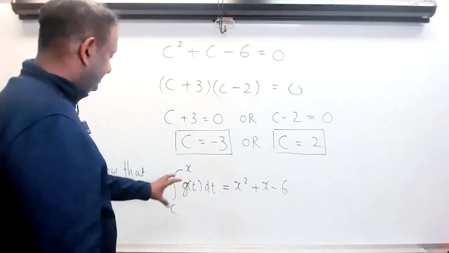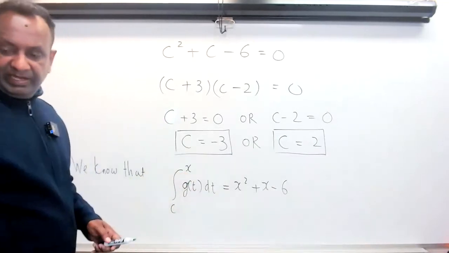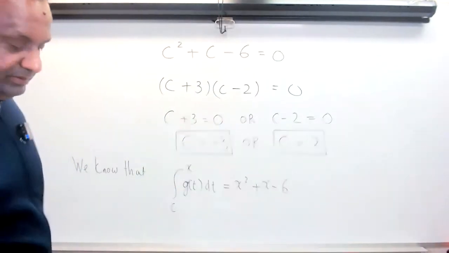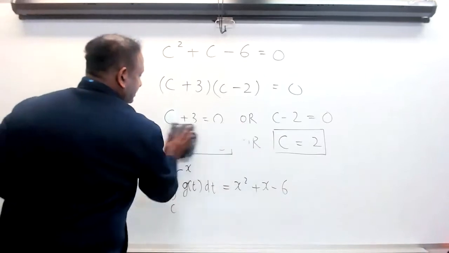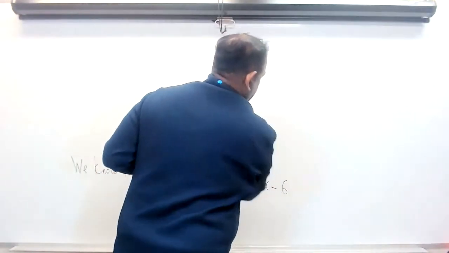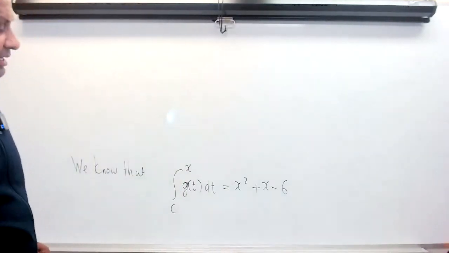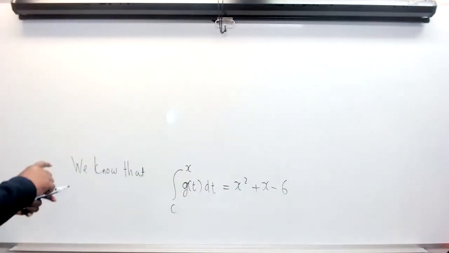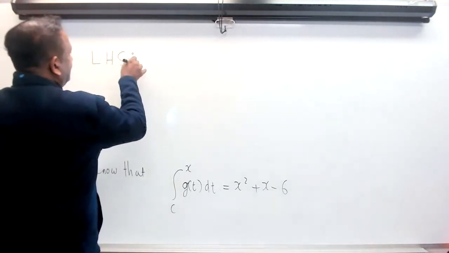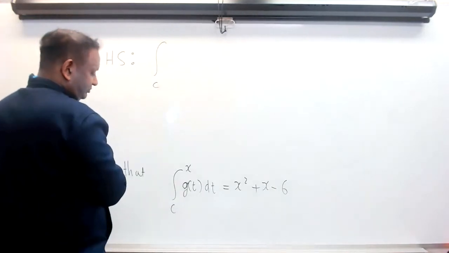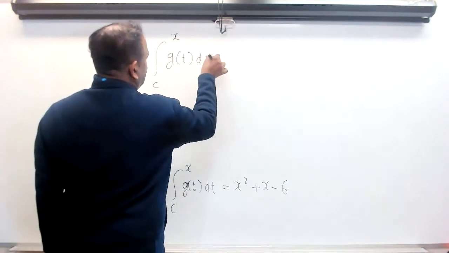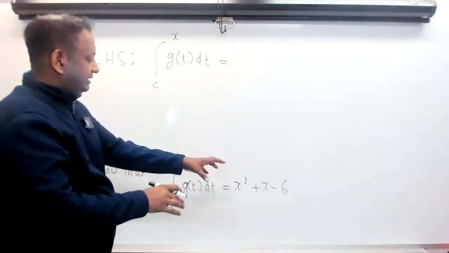Let's get the left-hand side of this guy, and we are trying to show that this c will satisfy this given equation. That means you have to start from the left-hand side and show that you get the right-hand side, or vice versa. The left-hand side is the integral from c to x of g(t) dt. Forget about the right-hand side.